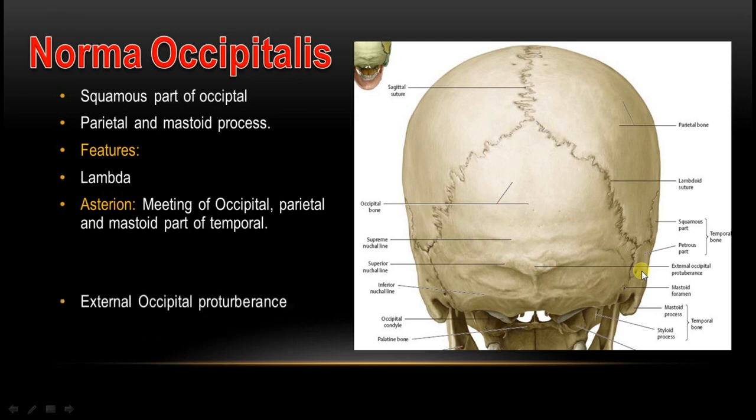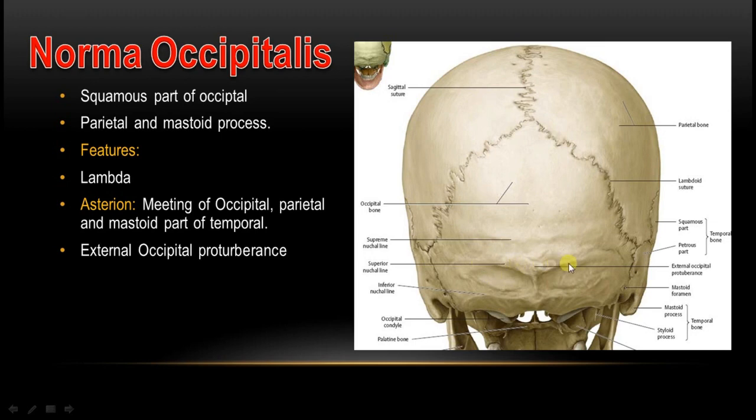Then you are able to see a very prominent structure called the external occipital protuberance. If you trace it laterally, it continues as the superior nuchal line. The superior nuchal line is the demarcation of the occipital bone.